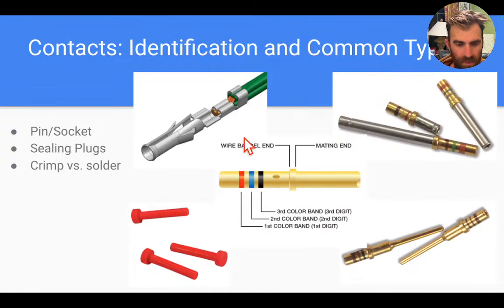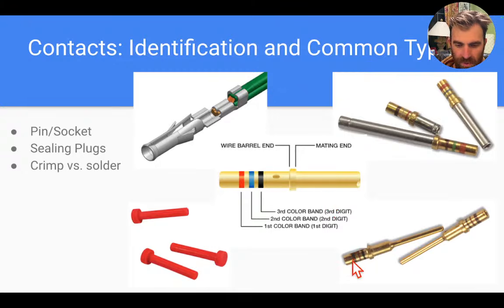And then these color bands are used extremely frequently to denote the part number of the pin, or contact rather. It's a 3-color band scheme. We can talk a little bit more about that, but this helps you identify the part number of the contact itself, and then what tool you can use to crimp the pin on the wiring that you're working with.